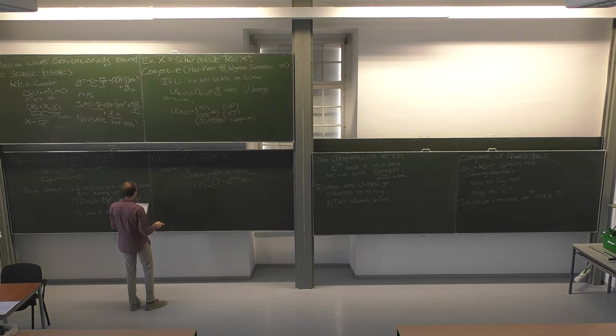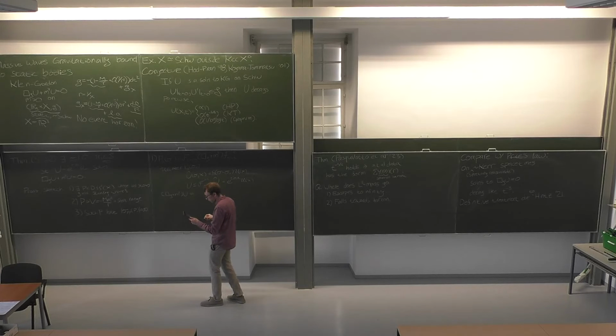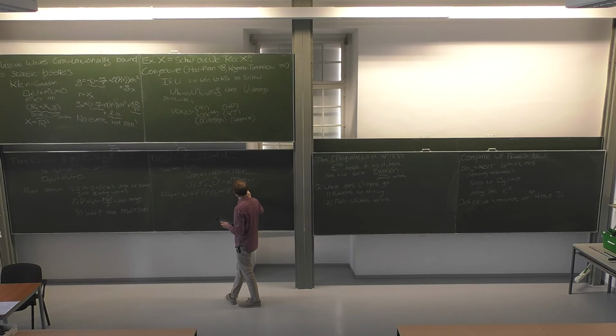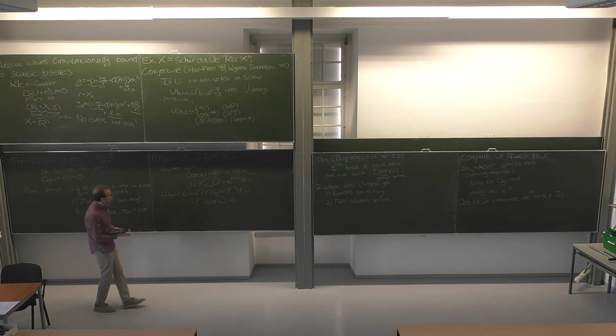And if you apply the Klein Gordon operator to U, then once you move all the Fourier transforms around, this is 0.